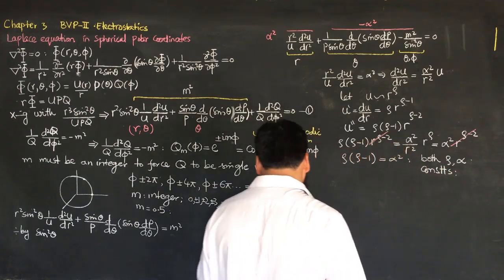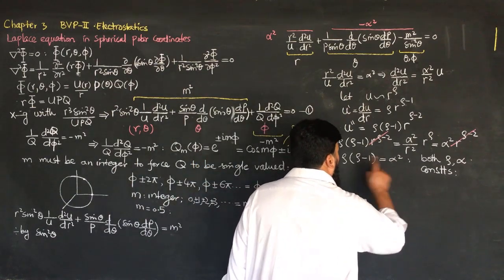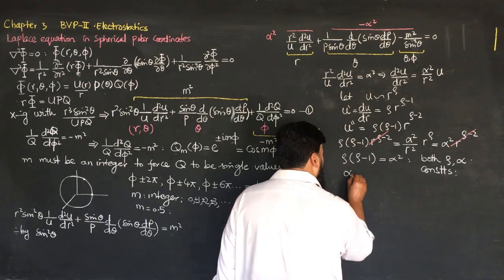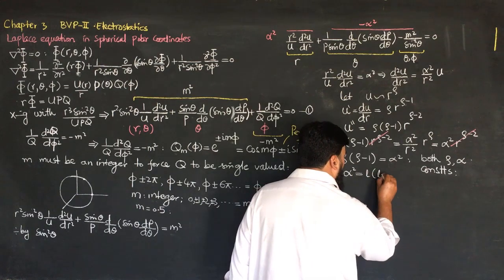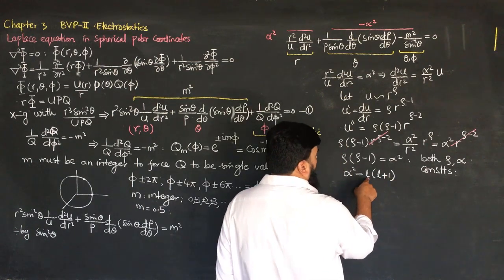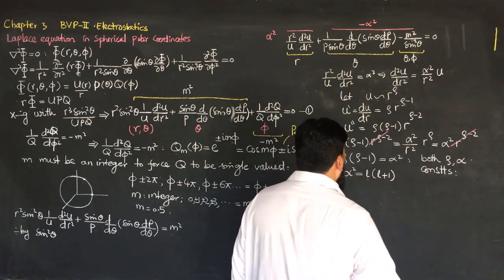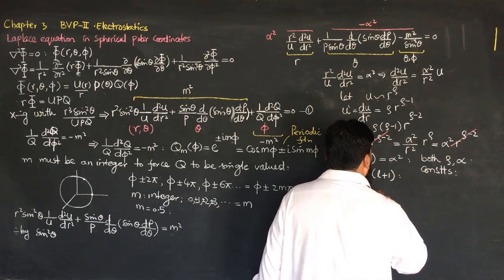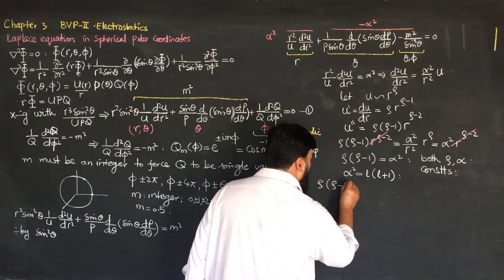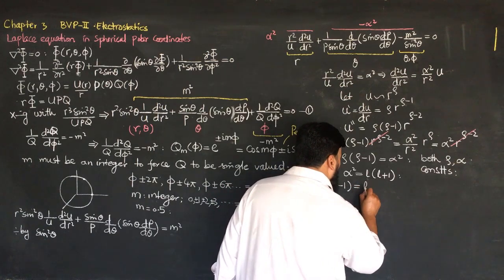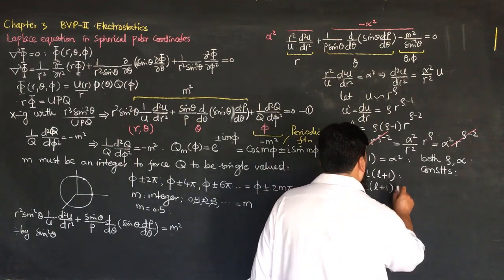We haven't found their values, and this is one of the algebraic tactics: to write alpha square equal to L into L plus 1, where L is a constant, so it will become L square plus L. This will ease our calculation, so we can write that rho into rho minus 1 is equal to L into L plus 1. So I can further simplify this.